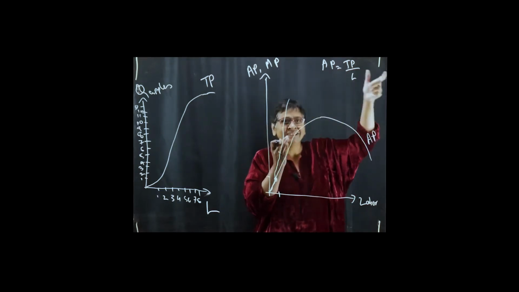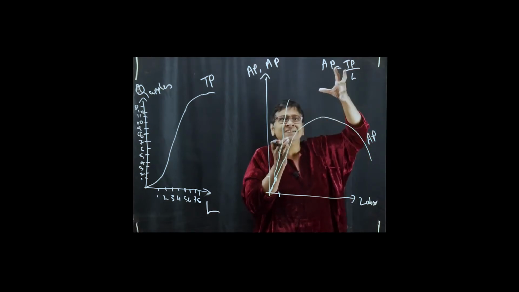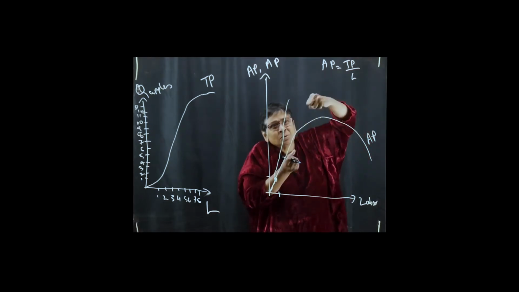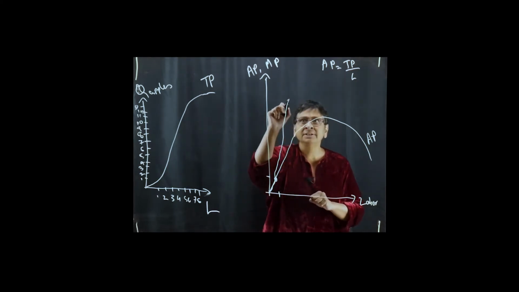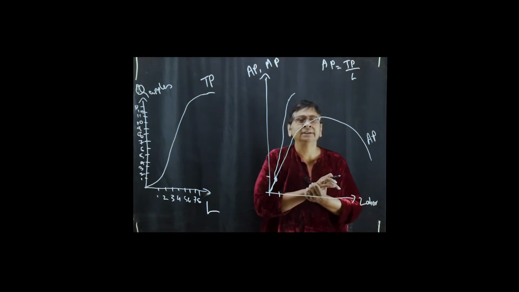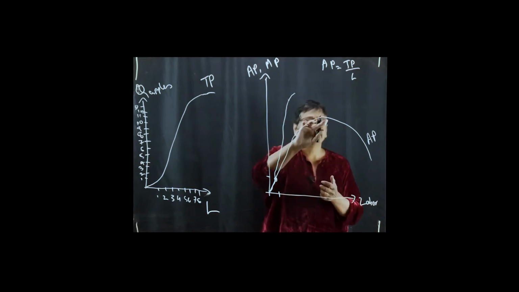So the marginal, the extra, when it is higher than your existing average, will pull the average up. So the marginal productivity is higher at this point than the average productivity.